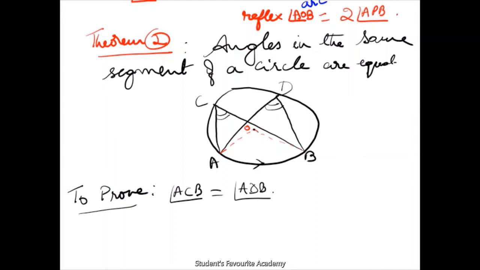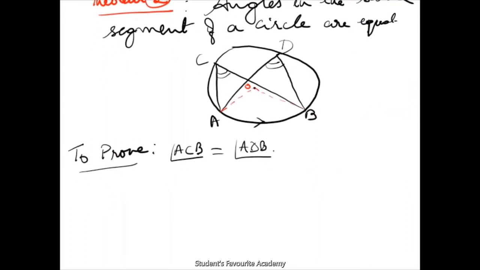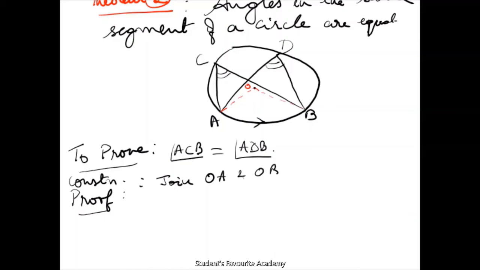These are the two angles in the same segment, right? So, proof. Before the proof we have to do a small construction, that is, join OA and OB.